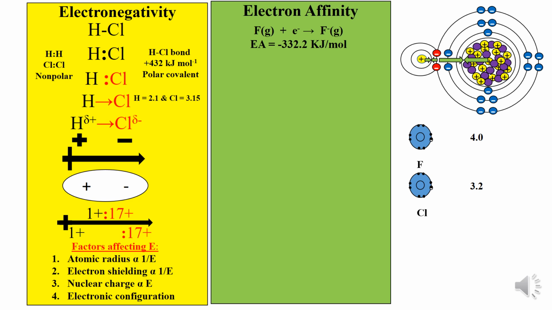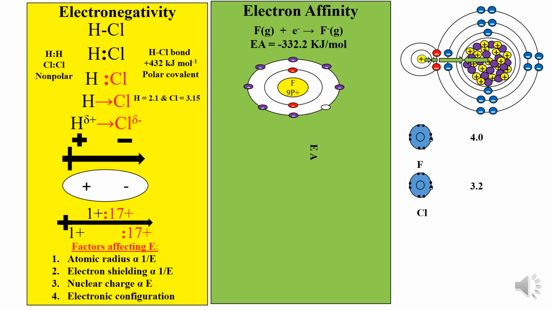If electron affinity is exothermic, energy is released, and this is shown by a negative sign. So what is the significance of this negative sign? The negative sign indicates that energy is released during the reaction. And electron affinity is the measure of an atom's ability to accept an additional electron to form a negative ion.